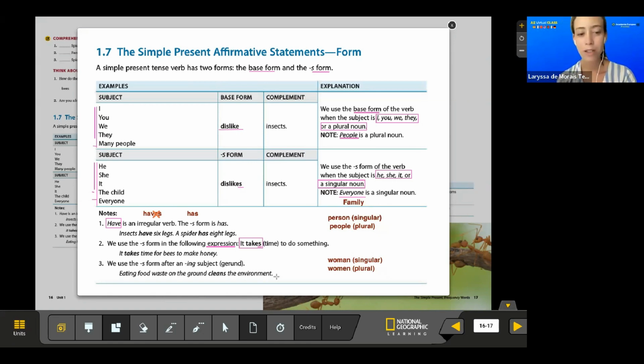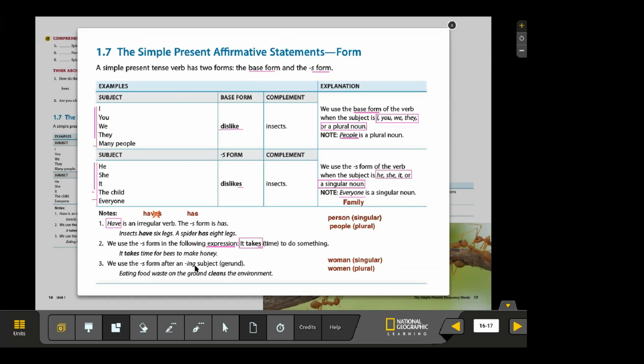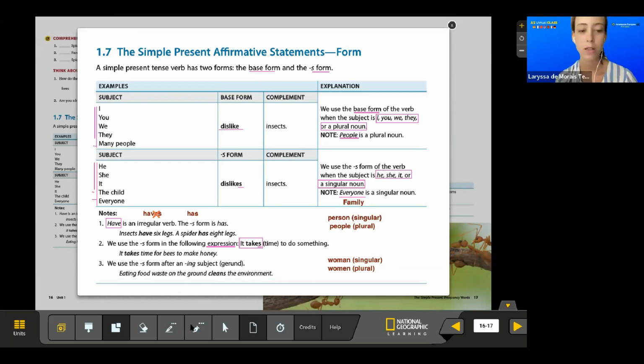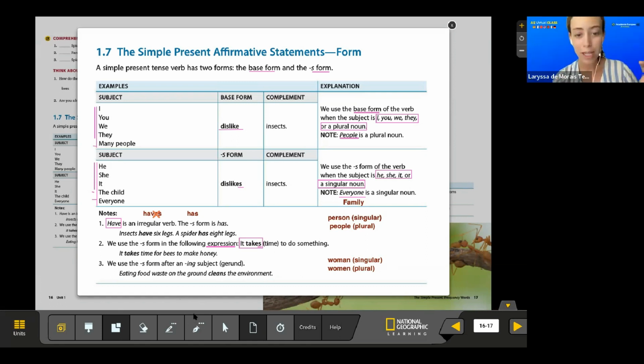Now you can read the number 3, Hazard, please. And we use the S form after an ing subject, a gerund. Eating food waste on the ground cleans the environment. Perfect. Okay, very good, Hazard. Guys, pay attention here. Every time that you have a gerund, I don't know if you guys remember what is a gerund.